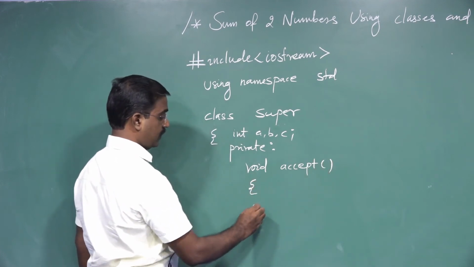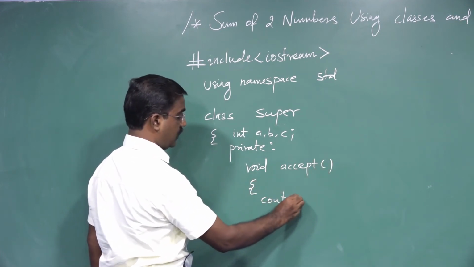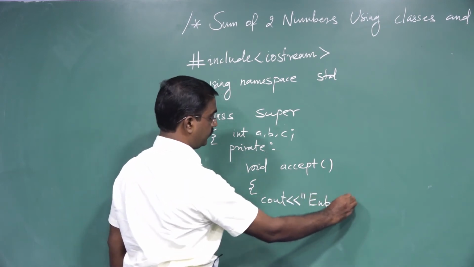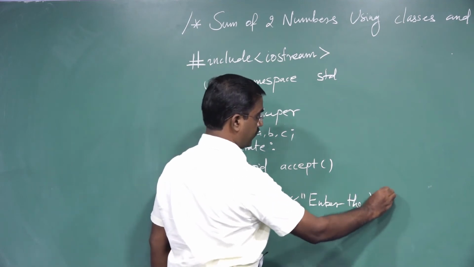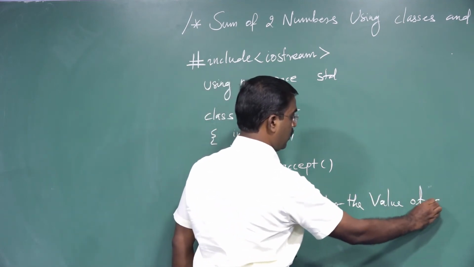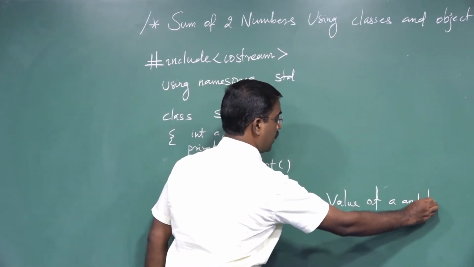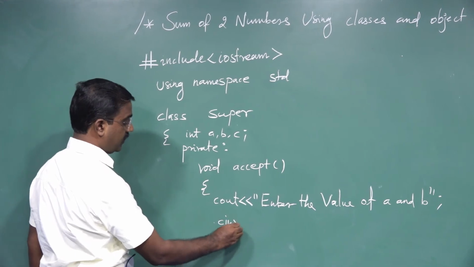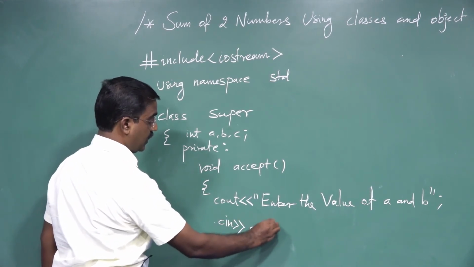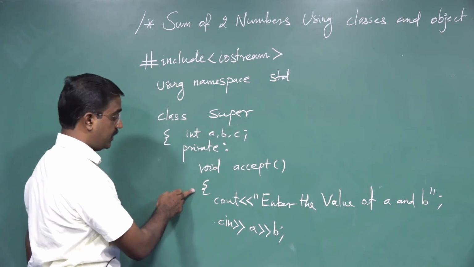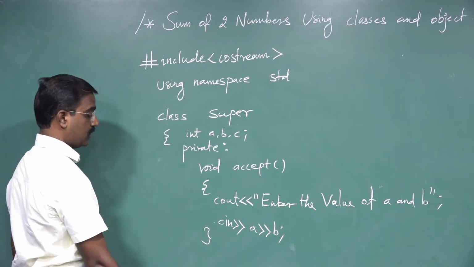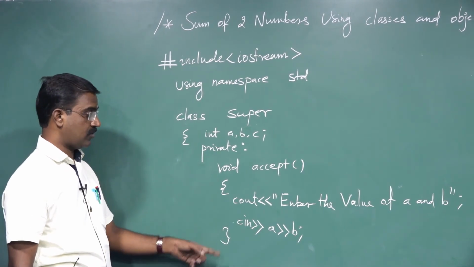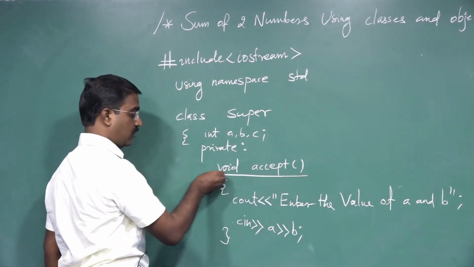Now cout: enter the value of A and B. This keyboard is getting the values of A and B into C. It should be terminated by semicolon, and the open braces is closed. So the process is over.